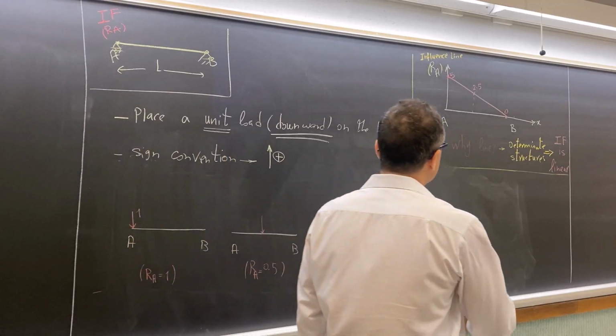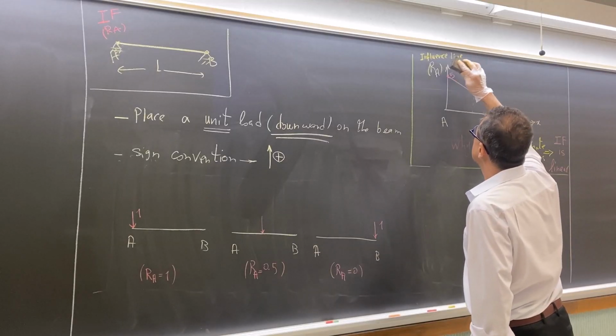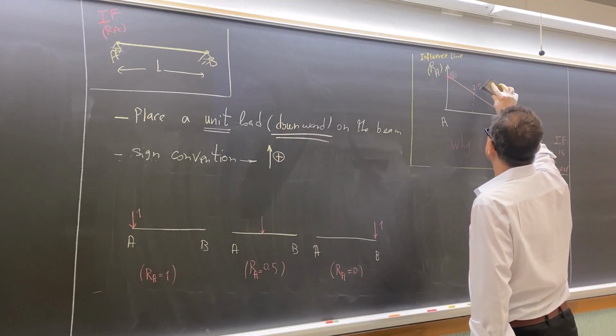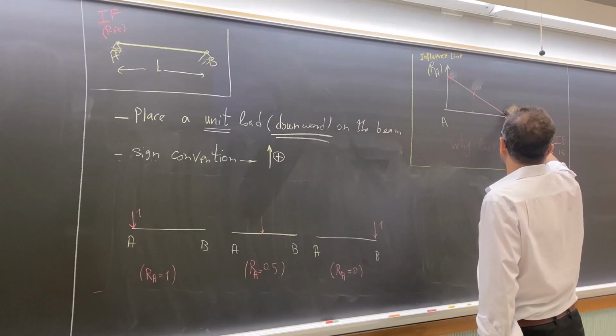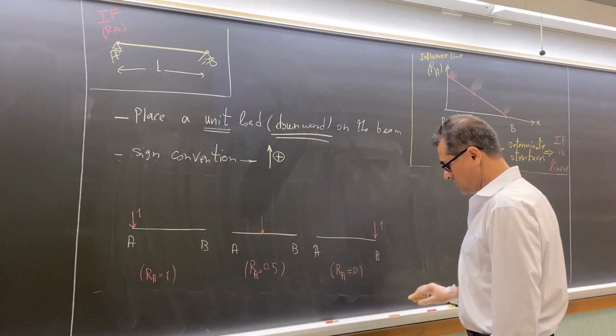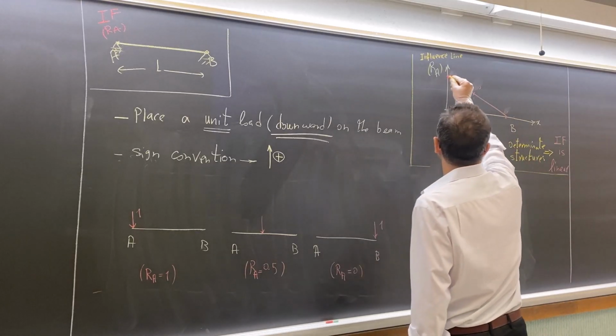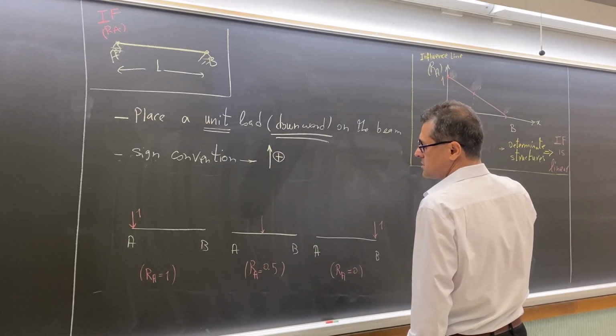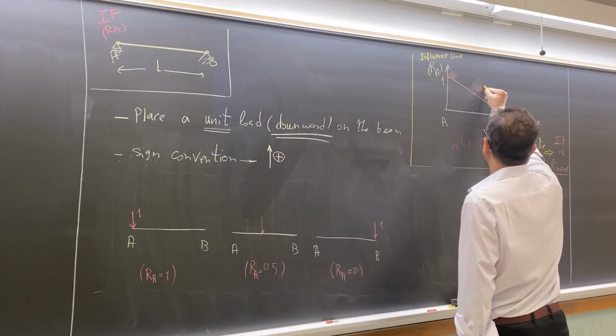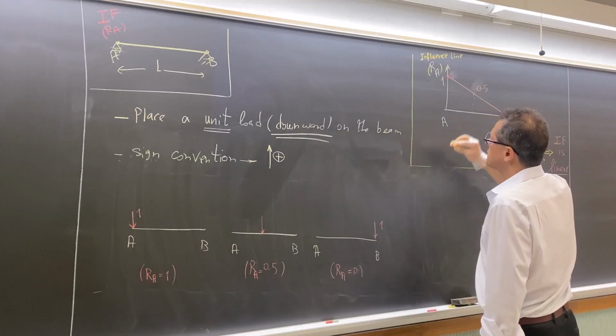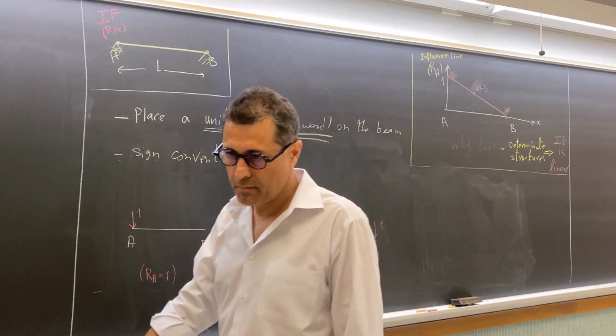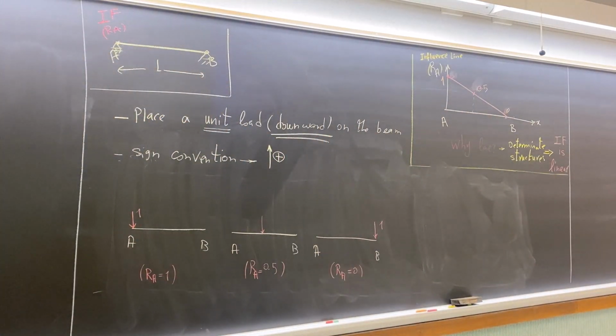Similar to the previous one, we just connect these points. 1, 0.5, and 0. So this is the influence line for RA for this question. So we are still using the tabulated method.